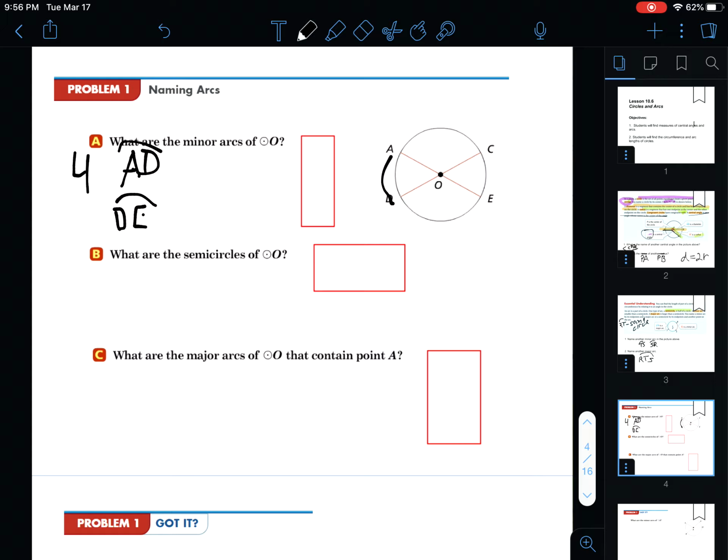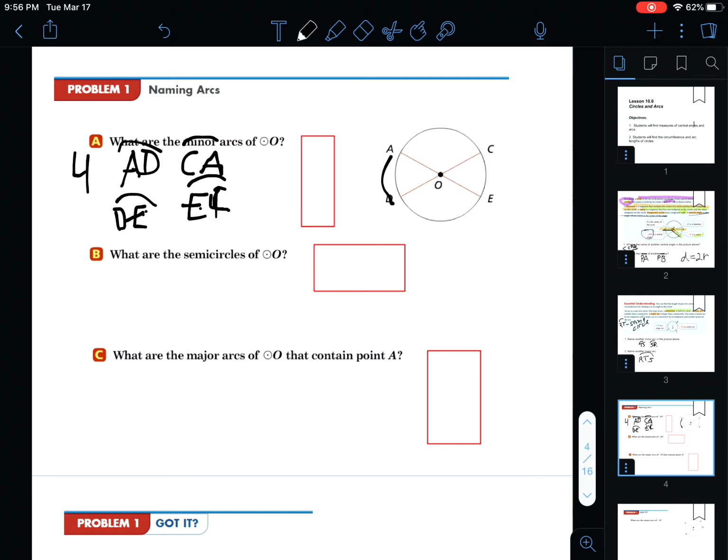We could skip one and go from CA. And I already said DE. And we could do EC. Come back and catch arc EC.